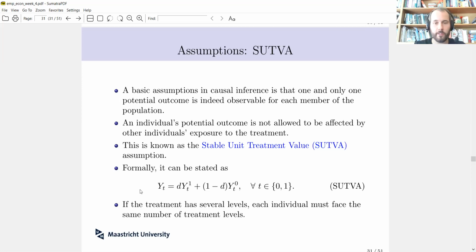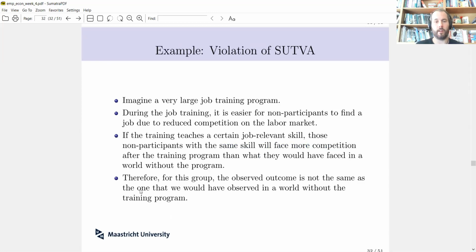Now, what is an example? In our running example with the job training, what would be a violation of the SUTVA assumption? Let's say the job training program is so large that so many people participate that anyone who does not participate has an easier time finding a job, because everyone else is taking the job training, so there's no competition in the labor market.